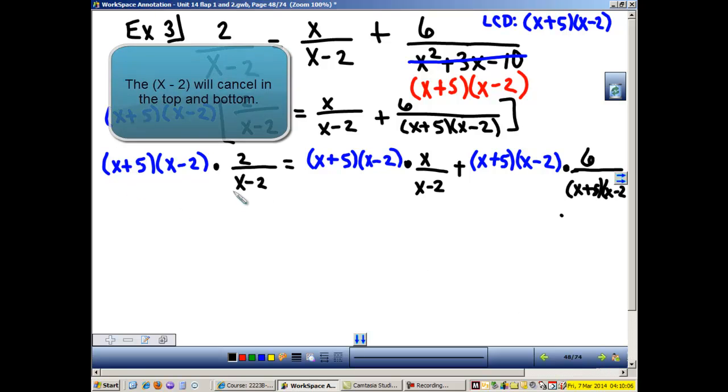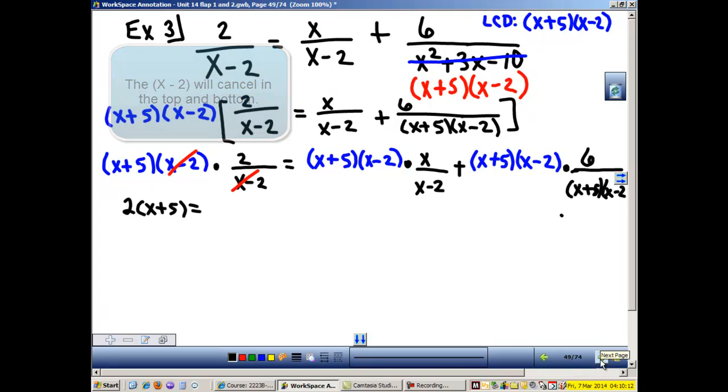In the first term, the x minus 2's will cancel, leaving 2 times x plus 5. In the second term, the x minus 2's will cancel, leaving x times x plus 5.